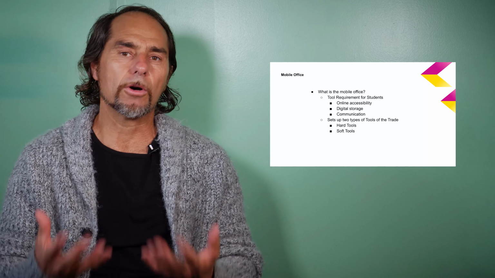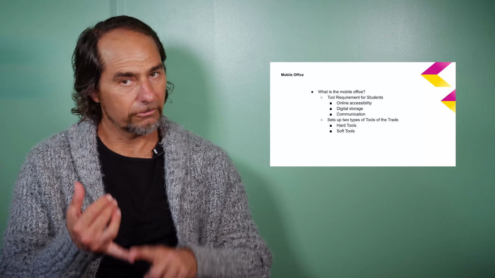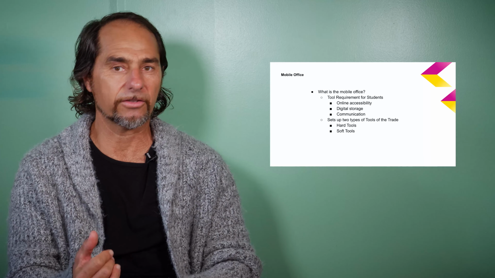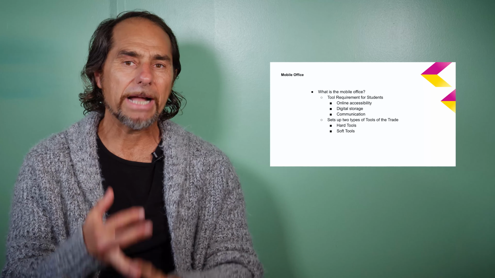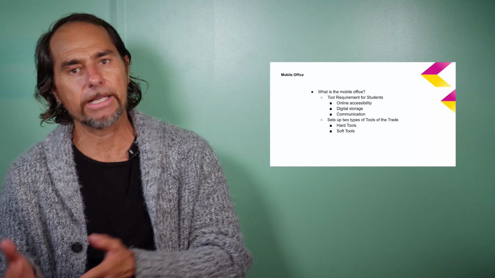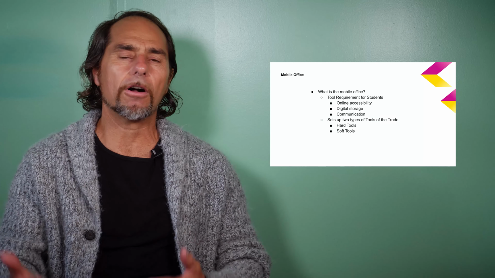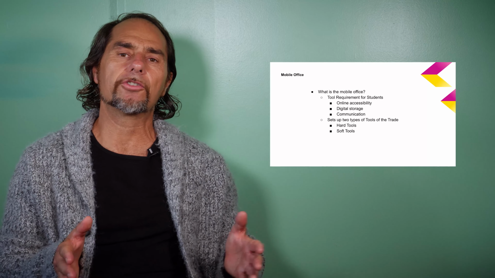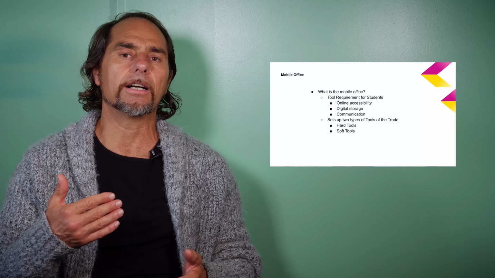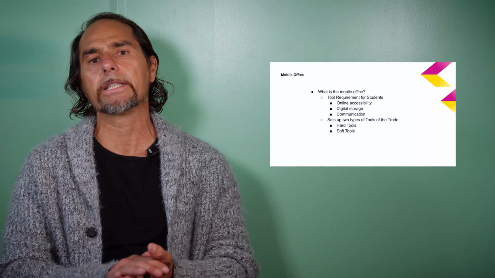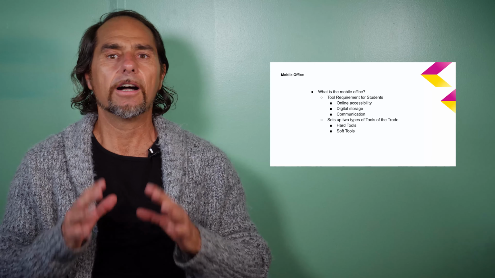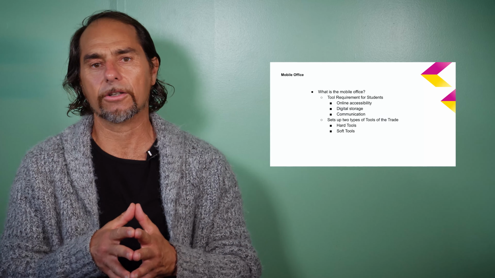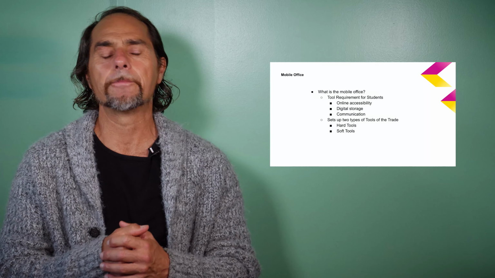So with the mobile office, a student needs realistically a computer or some kind of online device besides a cell phone. They'll need a backpack that can carry this stuff, plus maybe a mouse. And I'm not going to go through all the list of details. As I said in the last video for this chapter, at the end of every video of this chapter, I will leave my suggested list of basic tools of the trade, digital and also hard tools, or physical tools, excuse me.